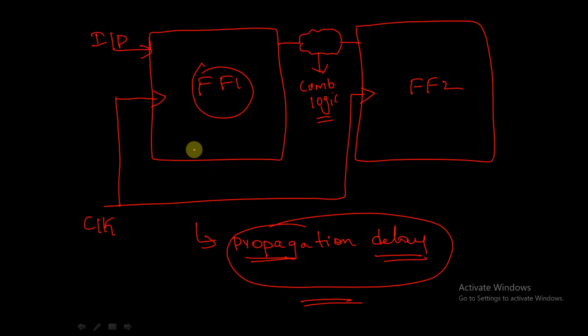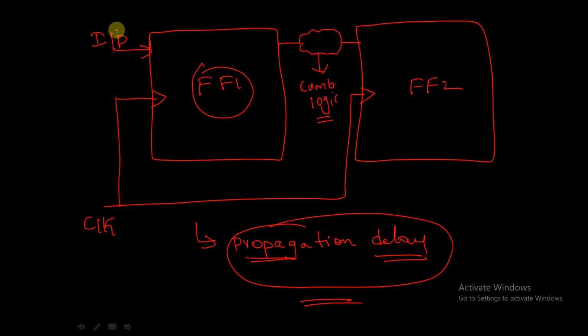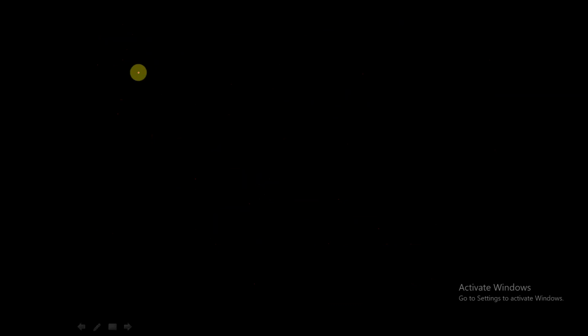Let's say our flip flop one. To avoid setup time violations, what should be considered? We should apply this input before the setup time, before the positive edge of the clock. Let's say our t setup is 2 nanoseconds. With the help of a diagram, I will try to explain.